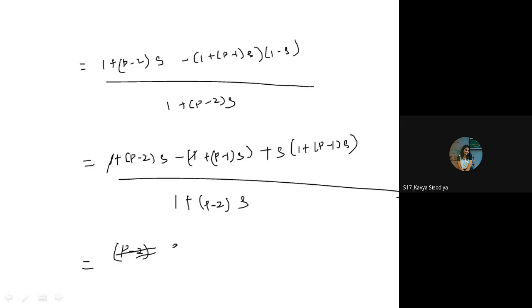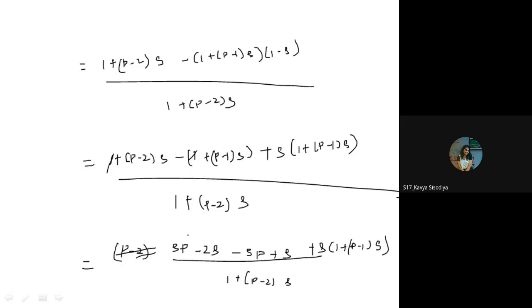That means I can write it as rho p minus 2 rho. This is minus rho p and plus rho. And this is plus rho into 1 plus p minus 1 rho divided by this. So this rho p will cancel out. This becomes minus rho. So it is minus rho plus rho into 1 plus p minus 1 rho.